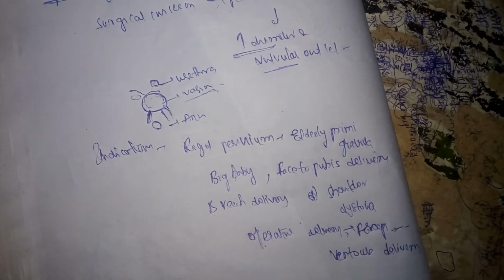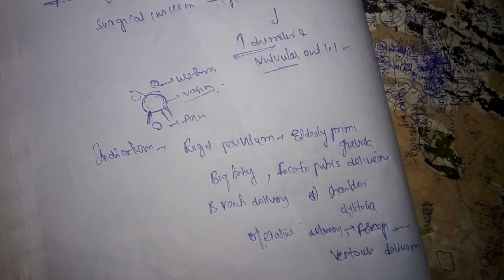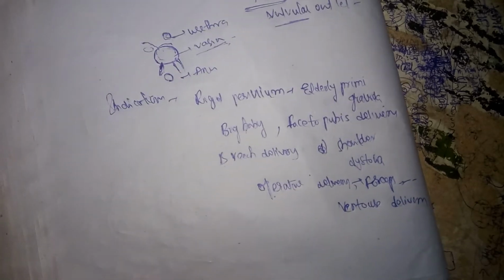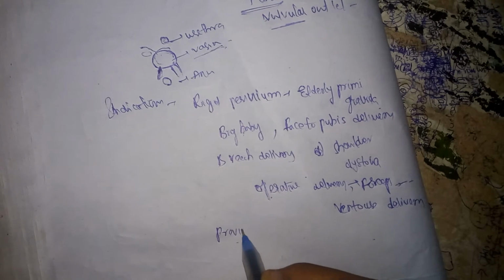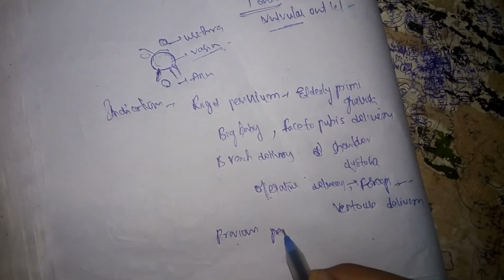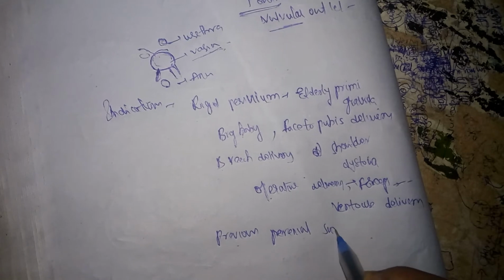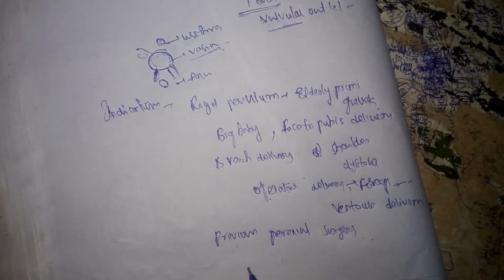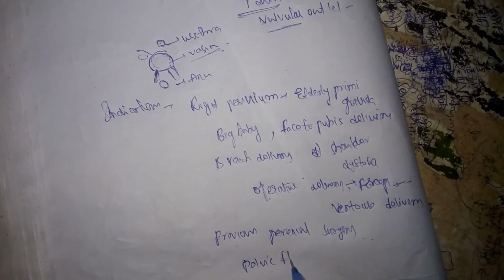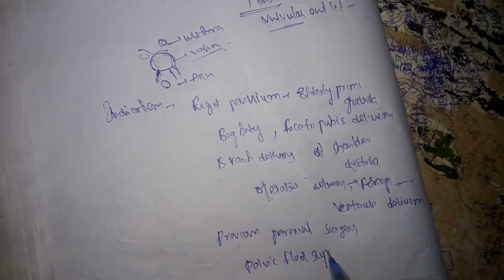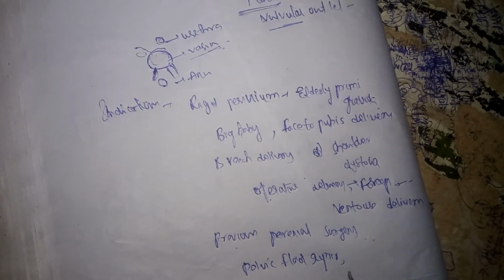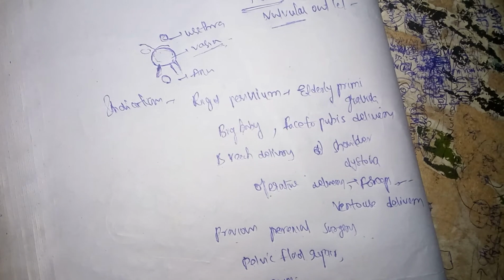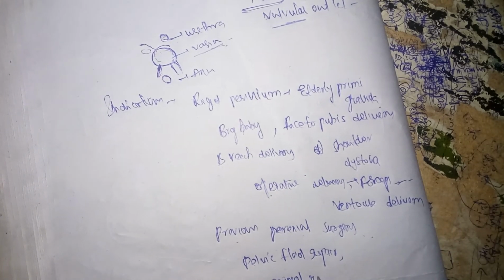We use a vacuum pump for the delivery of the baby, and even in this we try to give an episiotomy. Other indications are previous perineal surgery, pelvic floor repair, and perineal reconstructive surgery, when the woman has undergone such surgery.